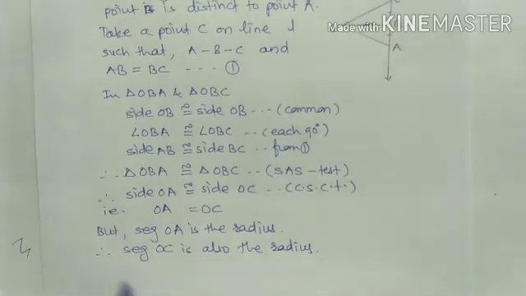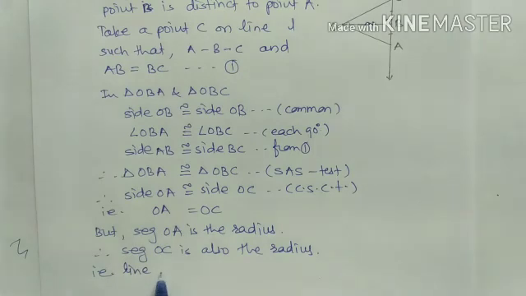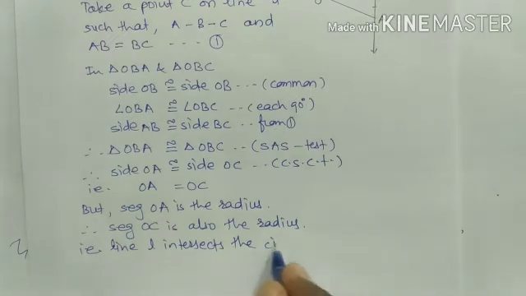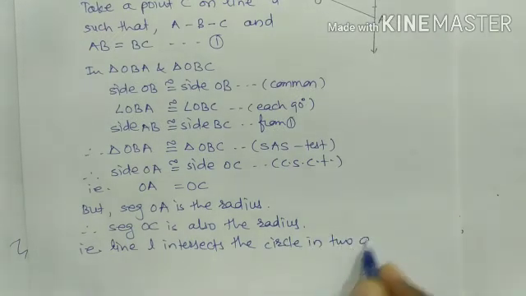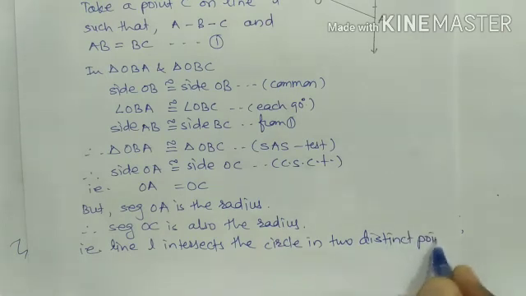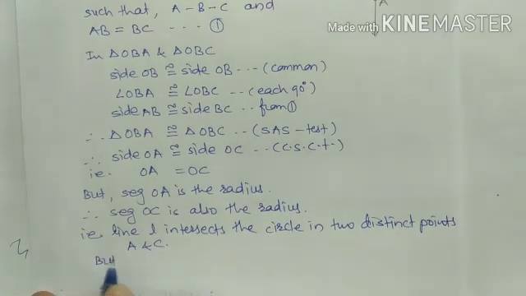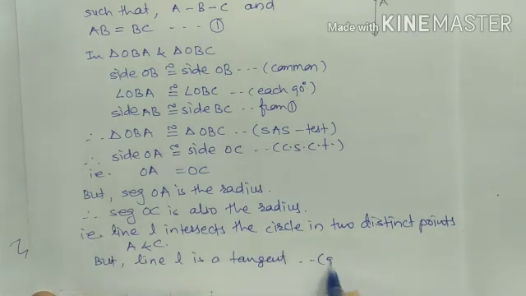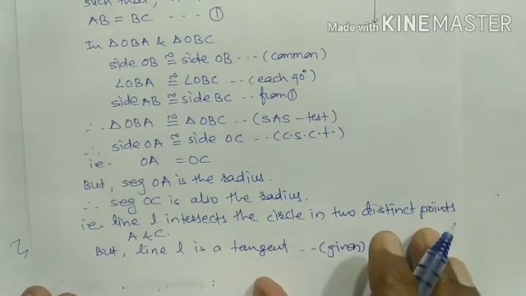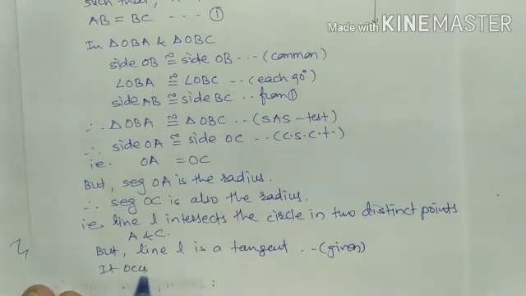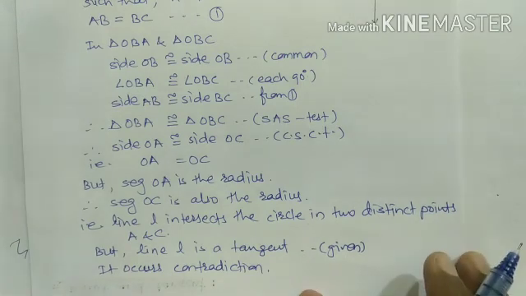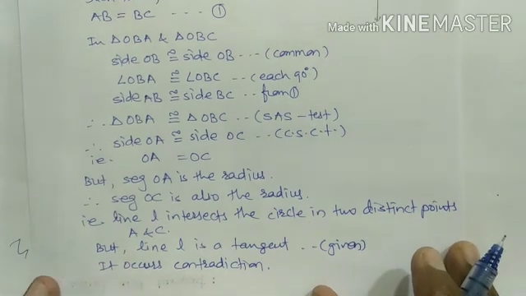That is, line L intersects the circle in two distinct points, that is A and C, but it is given that line L is a tangent. It is given, and therefore a contradiction occurs. A contradiction should occur, and if a contradiction occurs here, then our assumption must be wrong.